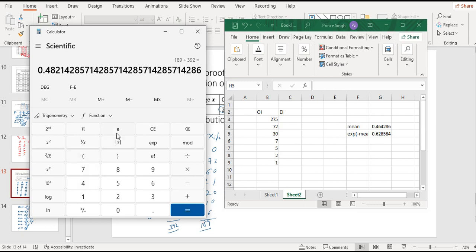So exponential, e power bracket minus of, okay, or we are not considering minus, 189 divided by 392.